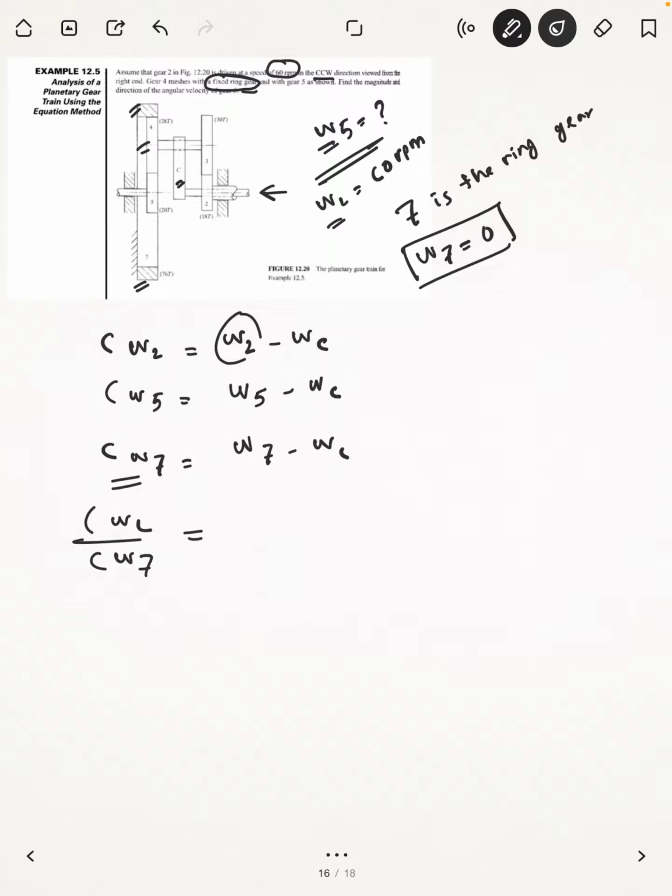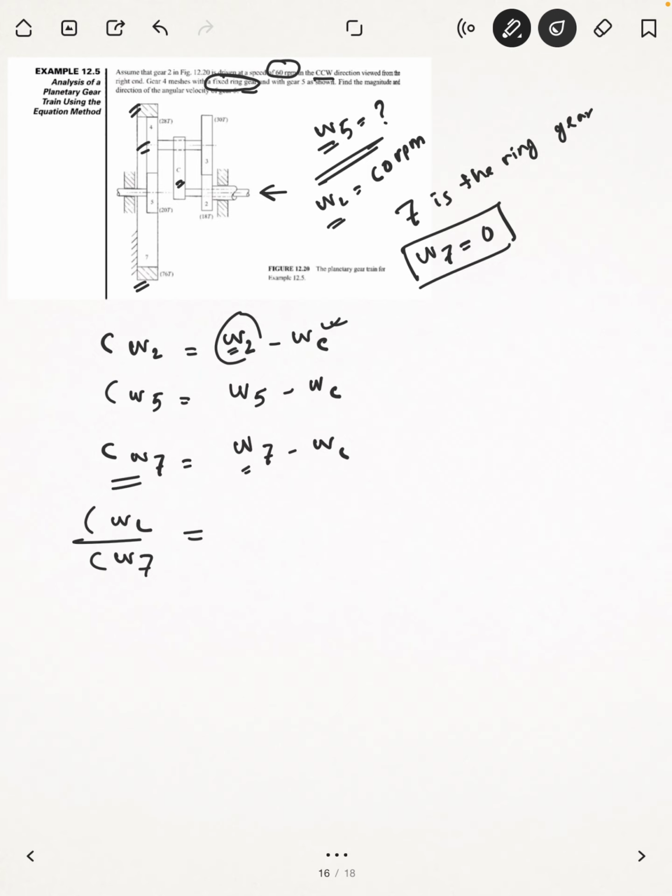Why? Because you know the value of omega 2 and you know the value of omega 7, which is 0. So one of the variables cancels out, and from this equation you can determine the angular velocity of the carrier. If I proceed, you will understand.